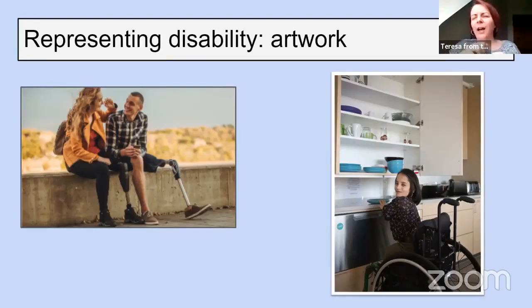Because often you'll type in looking for a diverse image and it tends to be an individual in a wheelchair, perhaps looking sad, or I don't know, the focus seems to be very much still on the disability rather than these images, which are beautiful and just show people living their lives.